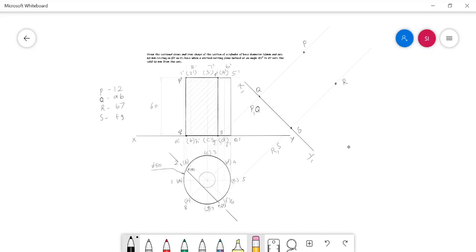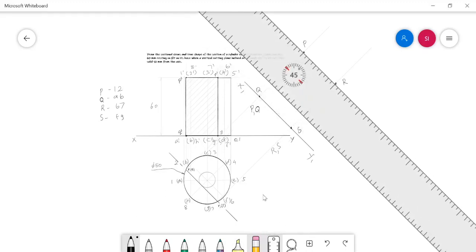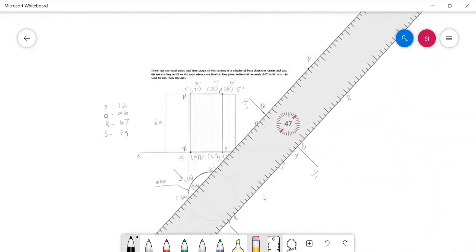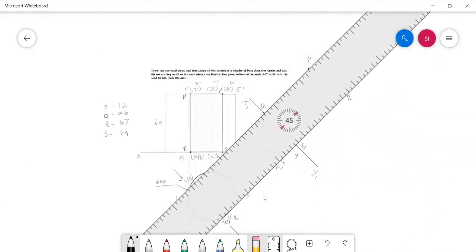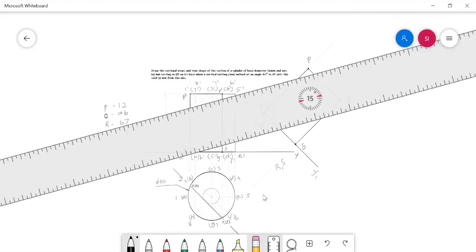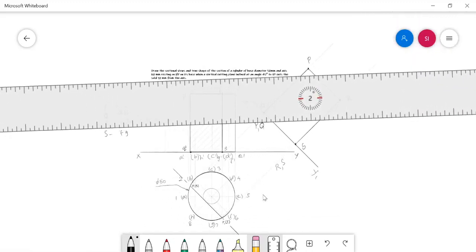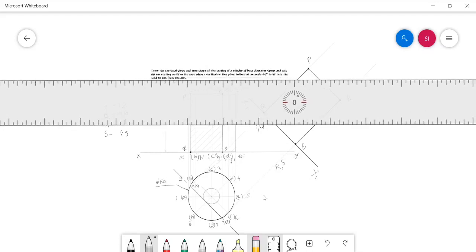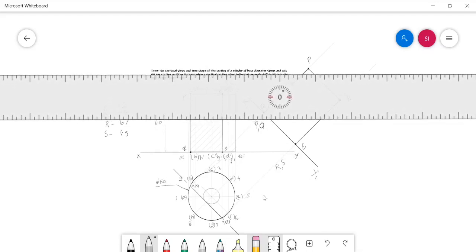This is point S. And now first I have to connect all the cut points with straight lines with the HB pencil. And the surface obtained by connecting the cut points can be hatched.